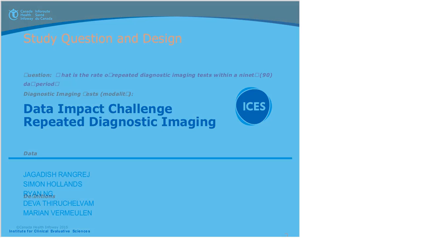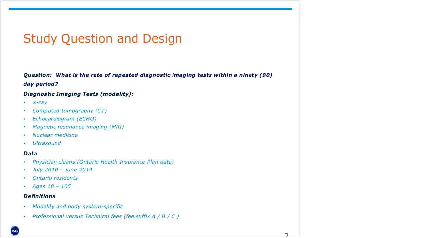So, on to the next slide. Of course, we all know the question, and we really wanted to look at as many different modalities as possible to answer it. So we looked at quite a variety and at all body systems as well.